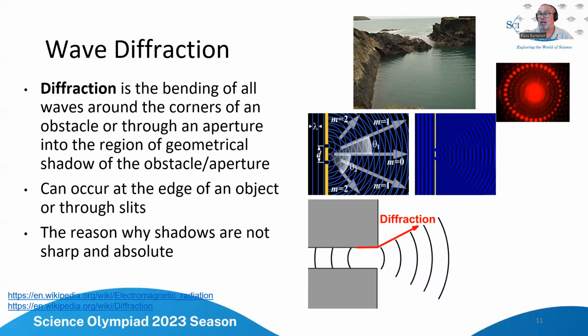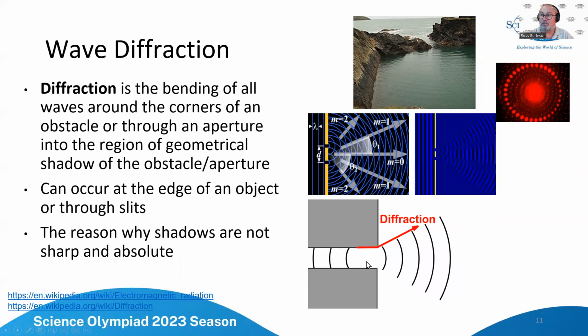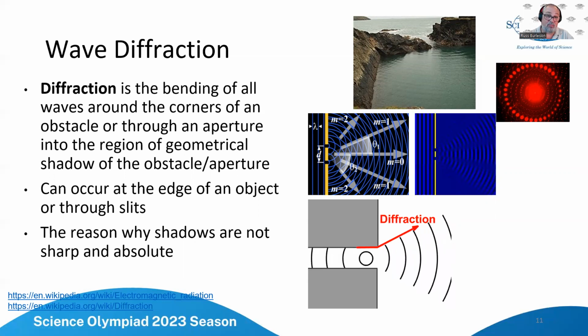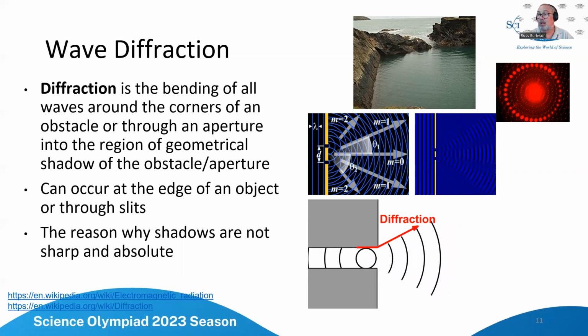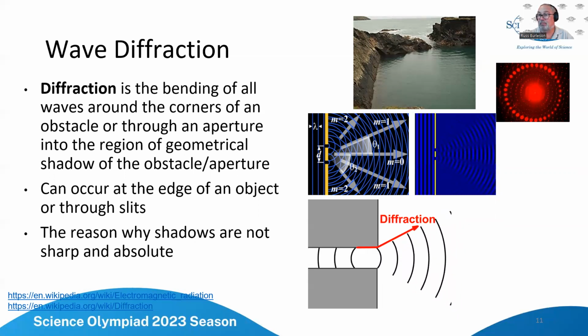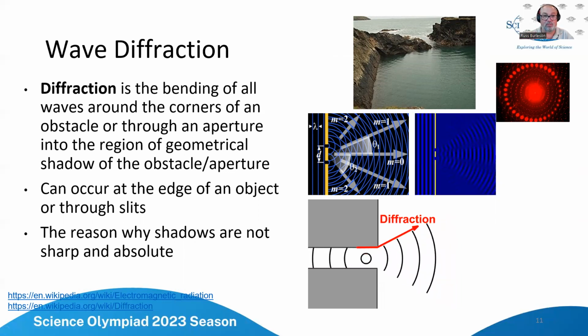Okay. And so here's an example down below. If I have a source in like a waveguide, what will happen is that it doesn't just shoot out the waves straight out that pipe like a laser. What happens is it actually bends on the edges.